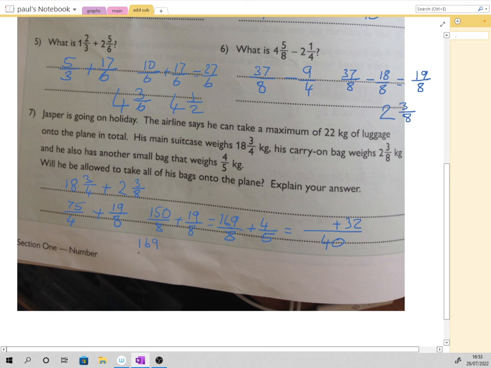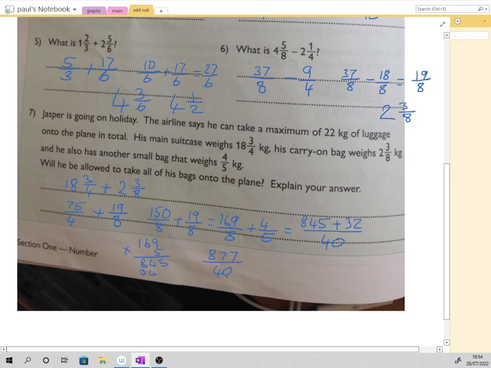So I'm going to do that times 5. 5 9s are 45. 5 6s are 30. 5 1s are 5. 845. So we've got 845 plus 32 over 40. So that's 877 divided by 40.